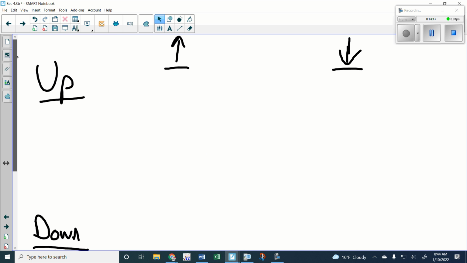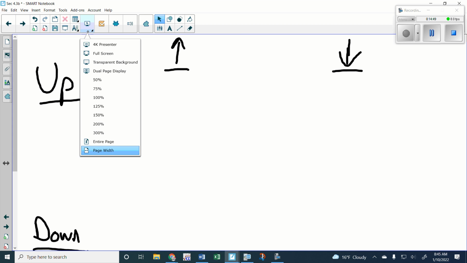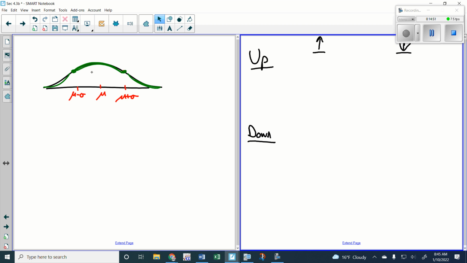Understand, you can have all of these combinations. What do I mean by that? You can have concave up and it's increasing, which looks like that. You could have increasing but still be concave down.